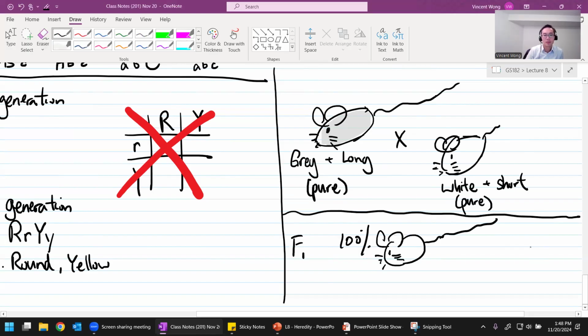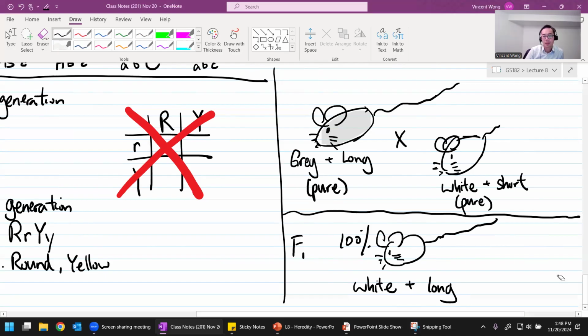Is gray dominant or is white dominant? Well, if you look at the first generation, they're all white, so white is dominant. And then long tail in all of F1, then long must be dominant as well.